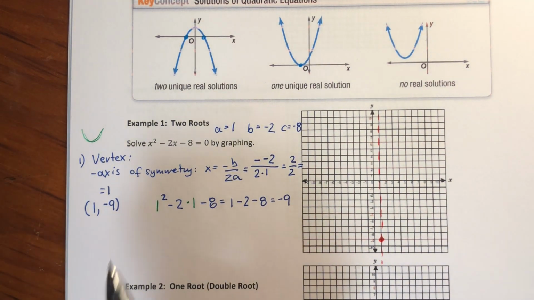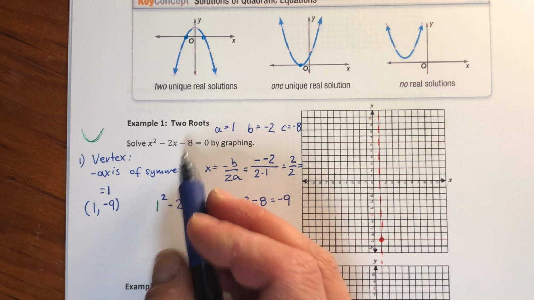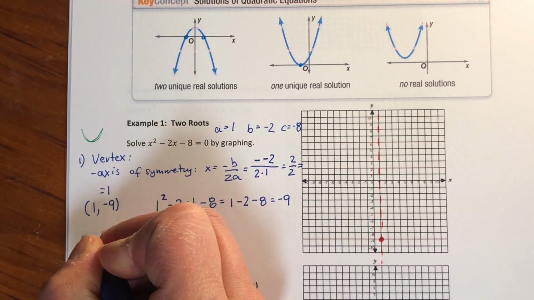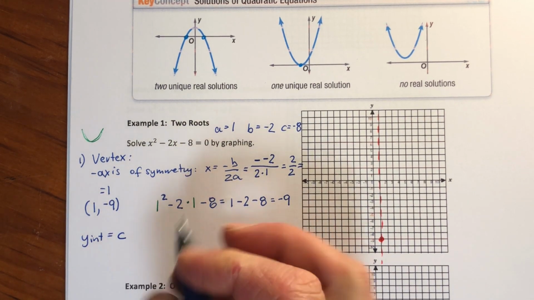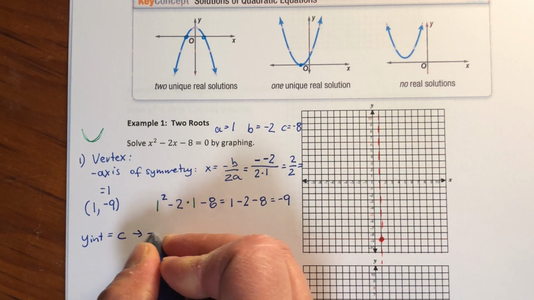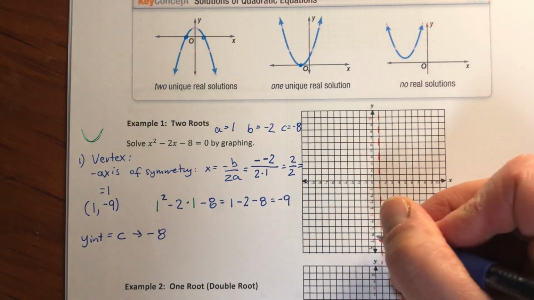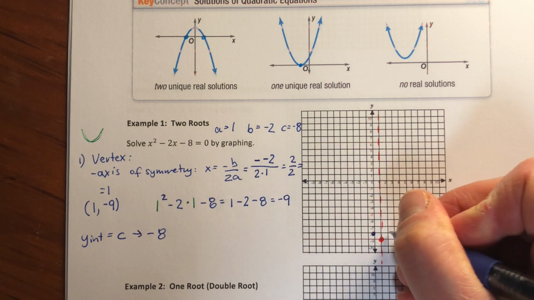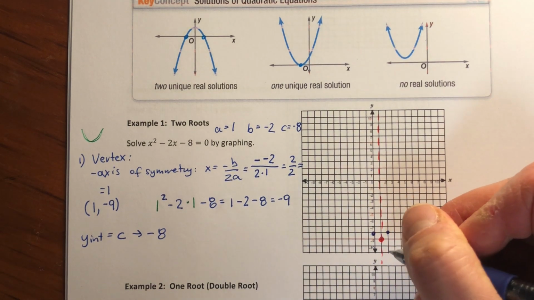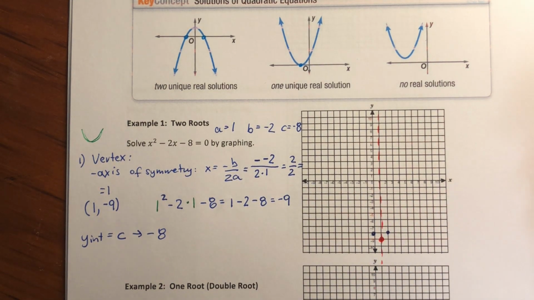I do know what the y-intercept is. The y-intercept is equivalent to whatever c is, and that is equivalent to negative 8. So you can put that point right on the graph. And then you can use the symmetry and put the other one.